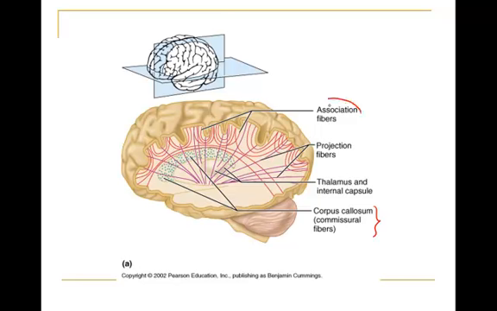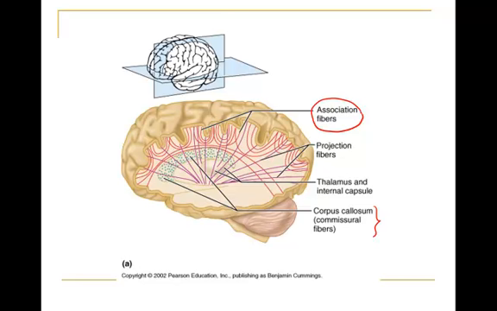Association tracks are within a hemisphere. So there'll be a set of tracks in the right side and a set of tracks on the left side, and they will carry information within that side. So commissural between, association within each hemisphere.